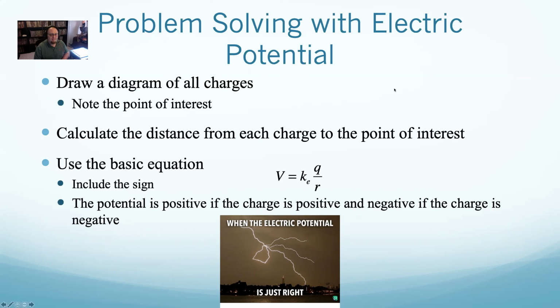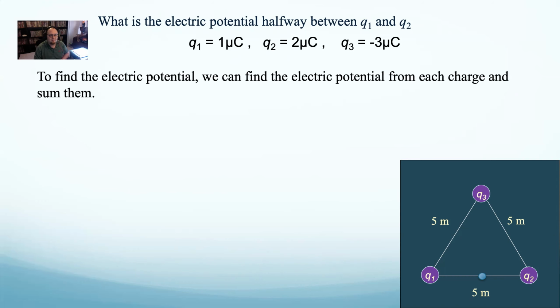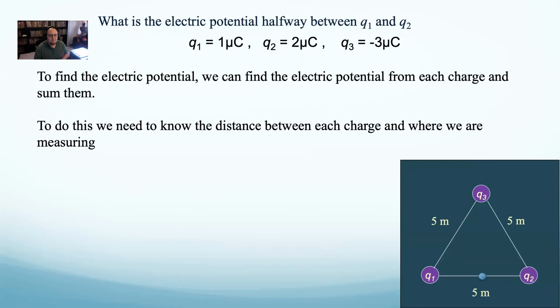Let's do a problem then. Same setup. What is the electric potential halfway between Q1 and Q2? If I want to find my electric potential right there, I just find what it is from each one. Now I do need to know the distances. The distance from Q1 to that point is 2.5.